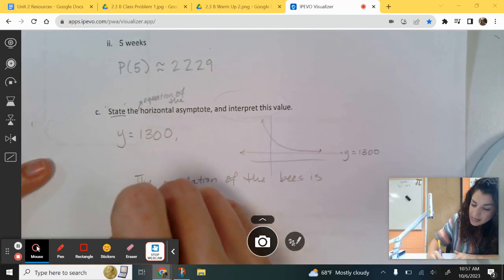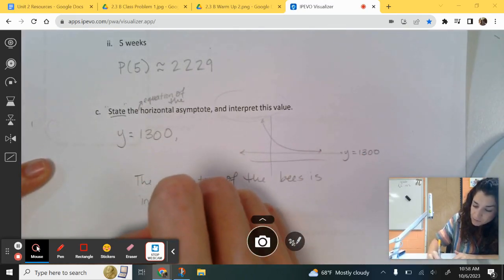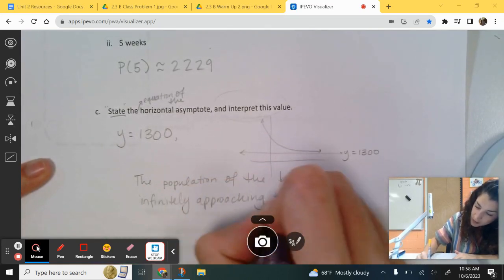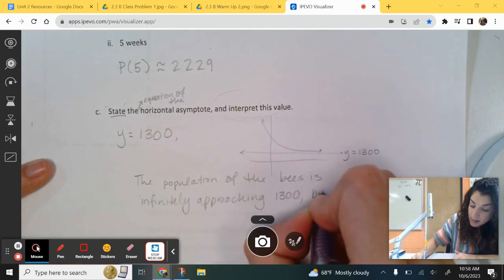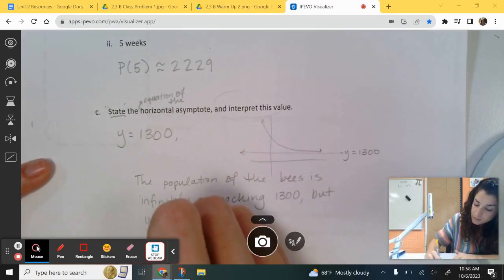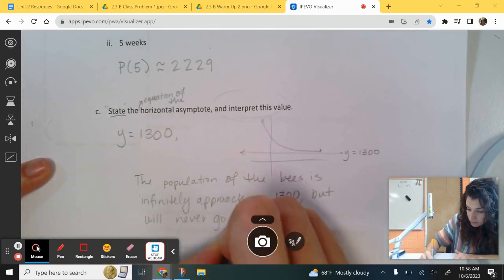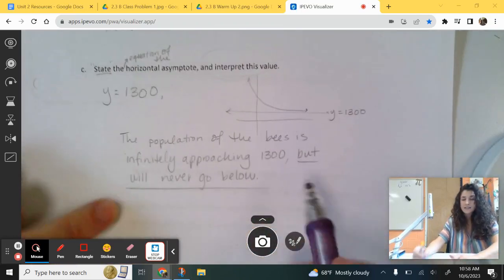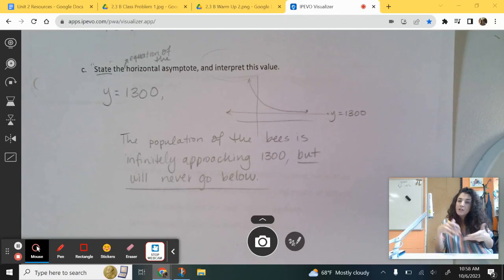And maybe I'll say infinitely. Approaching 1,300, but will never go below. And that is the piece that really is like the contextual piece. Like the population of the bee just won't ever go below 1,300. And that's it.